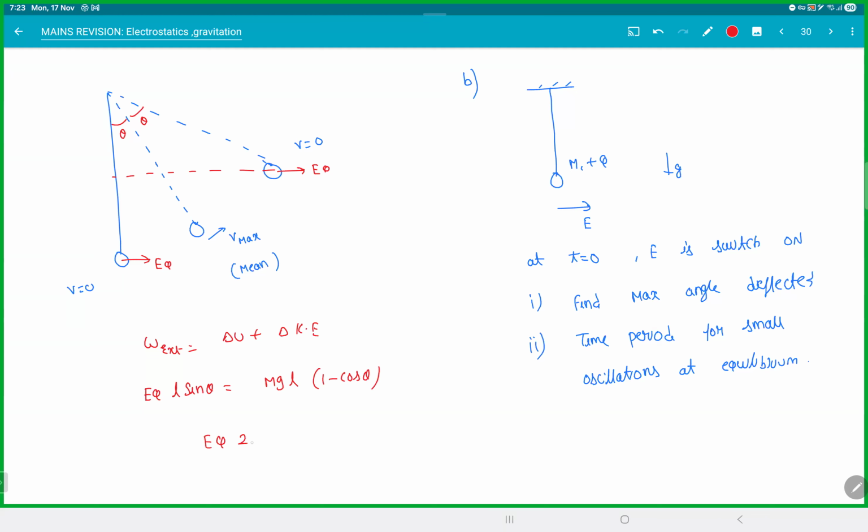This will become 2 sine theta by 2 cos theta by 2, and 2 sine square theta by 2. So there you get theta max is equal to 2 times tan inverse EQ by mg.